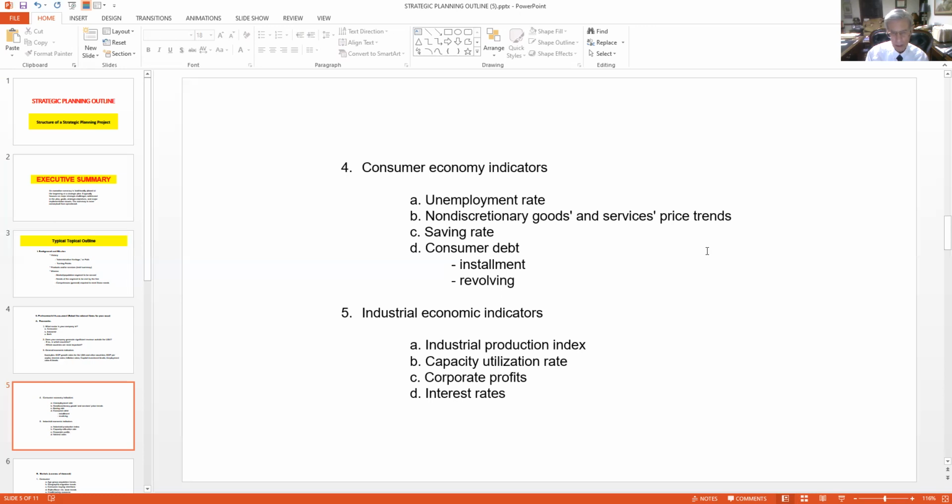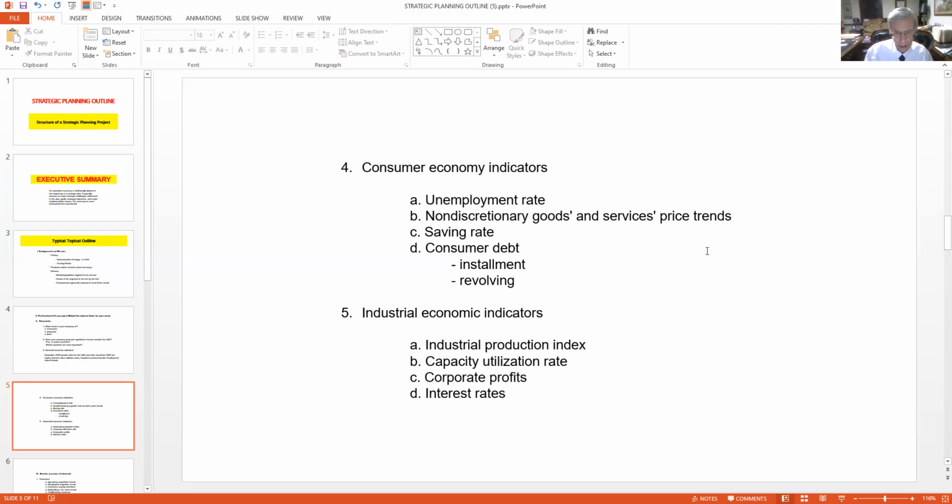But the saving rate can be an indication of more than one dynamic. First of all, if the saving rate goes up, as it did a few years ago, it represented people's caution, the reluctance to take a risk because folks were uncertain about the economic outlook, and they wanted to save money because they thought, among other things, that they might not be employed.